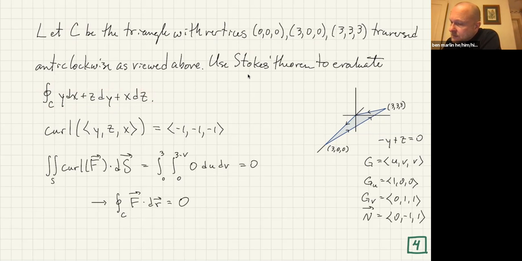But the setup here, we're traversing it anti-clockwise as viewed from above. And so if you're looking down on this, you would want it to go counterclockwise or anti-clockwise there. I didn't try to get this very well drawn to scale or anything, but the notion is just to see that we've got a plane that is lifted up off the XY plane.